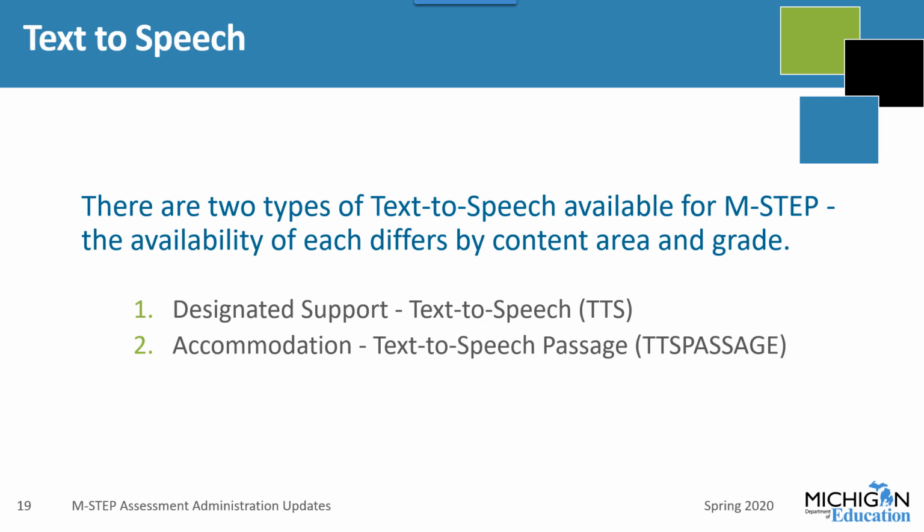TTS passage is an accommodation that is available for grades 6 and 7 ELA only. TTS passage reads the passages and the items. This can only be assigned if TTS or read aloud is listed in the student's IEP or 504 plan. This is not available as an accommodation at all for anyone for grades 3 through 5 ELA because it would change the construct, or what is being measured on the test.